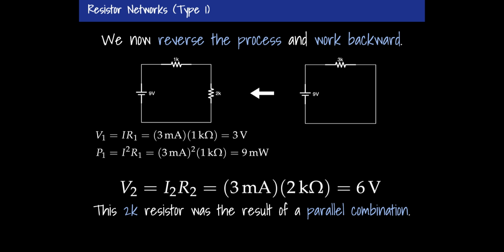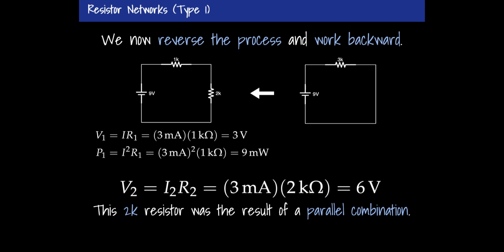V2 is equal to I2 R2, which is 3 milliamps of current, because that's the current that runs through the whole thing, multiplied by the 2K, which is 6 volts. So I've got a 3 volt drop there, plus a 6 volt drop there. Oh, look, those two drops add up to 9. Makes sense.